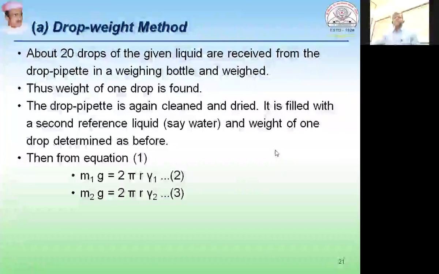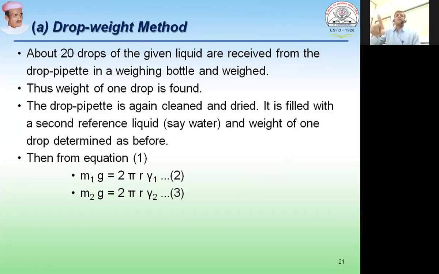Now in this particular experiment we have to be careful that we are using the same drop pipette or stalagmometer which we have used for the experimental liquid. The same drop pipette needs to be used for the experimental as well as the reference liquid.